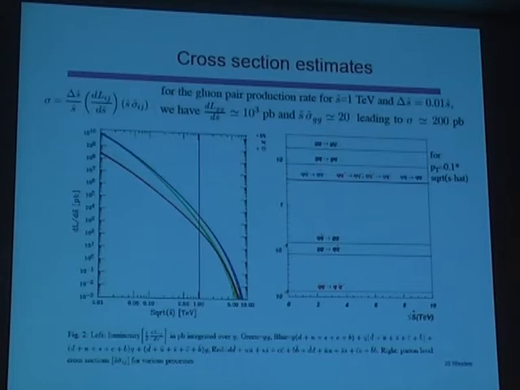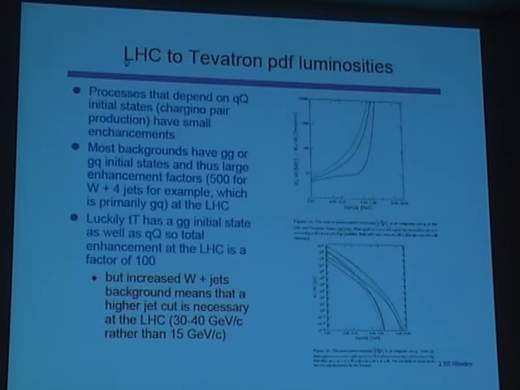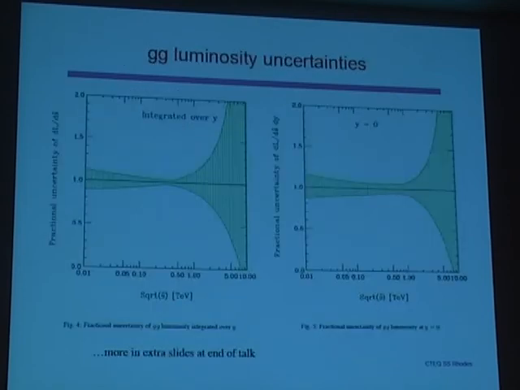Now, if you look at the curves, you can see that they're not just single lines, they're bands. That's the PDF uncertainty for those luminosities. Of course, it's not so useful on that scale, but they also have companion plots showing linearly what the uncertainty is. Here, for example, is the gluon luminosity uncertainty.